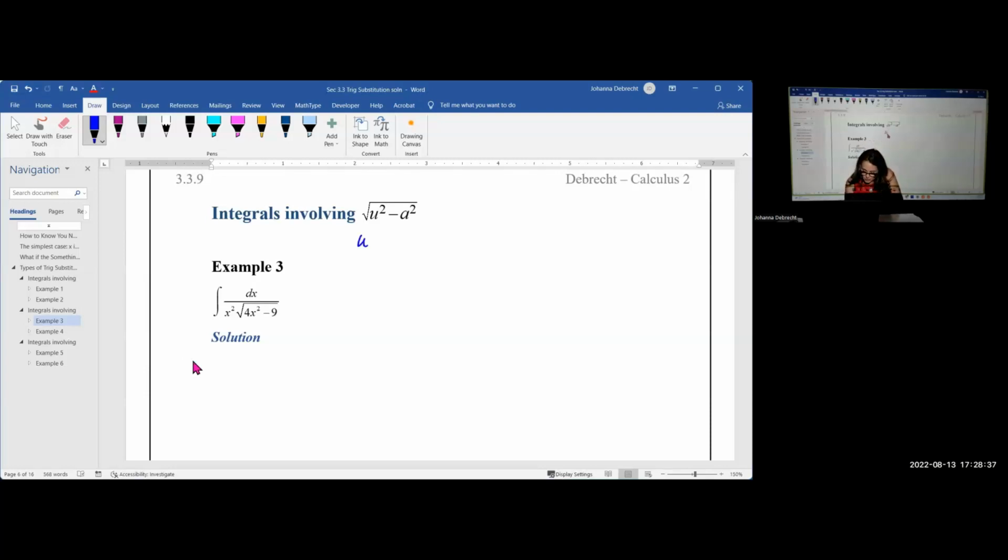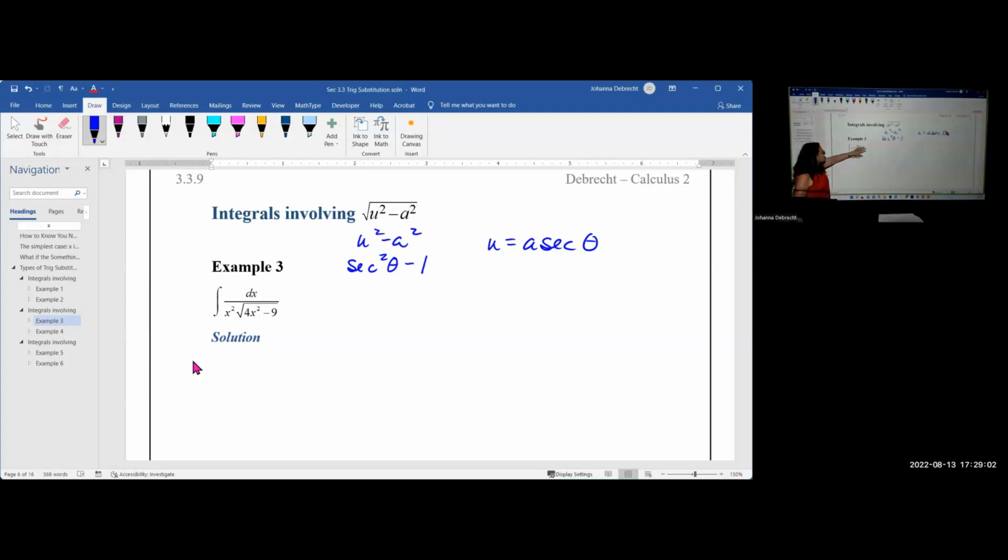So we have u squared minus a squared, which reminds us of secant squared of theta minus 1. So our u becomes a secant of theta. All right, so that's the factor that we're looking for right here, the substitution.